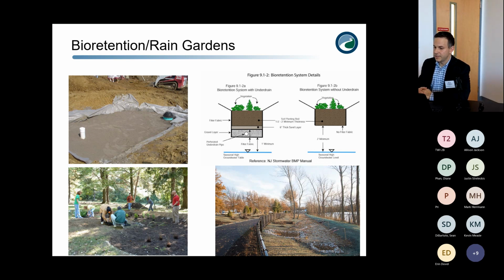On the right is a system that does not have an underdrain, and it's just that soil planting media at the surface, and then the subsoil uncompacted below it. And the difference here is that on the right is where you have good subsoils that can have high infiltration rates, the existing soils, that can take that water that's being generated and trying to go into the ground and can drain that system relatively easily.